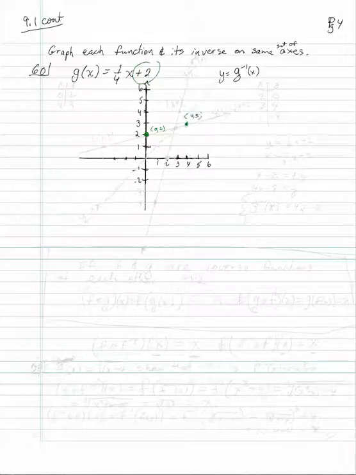Now remember the inverse is you're going to switch the x and y. So if this is (0, 2), the inverse is going to be (2, 0). So we plot (2, 0). Well, first that was a line, so I can draw the line through it. And let's go to (-4, 1).